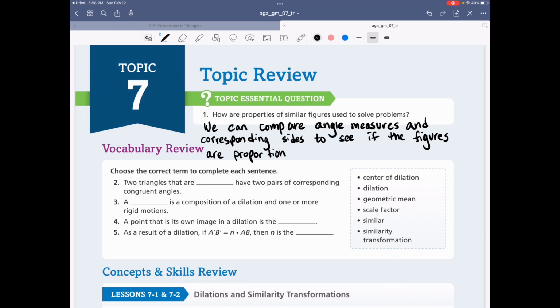And when we set up proportions, that will tell us if the figures are similar.